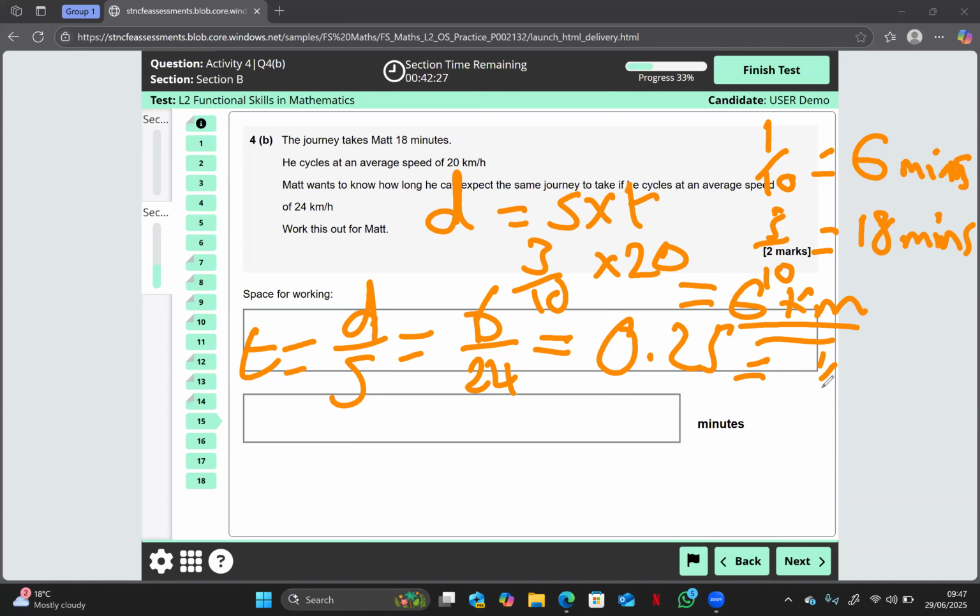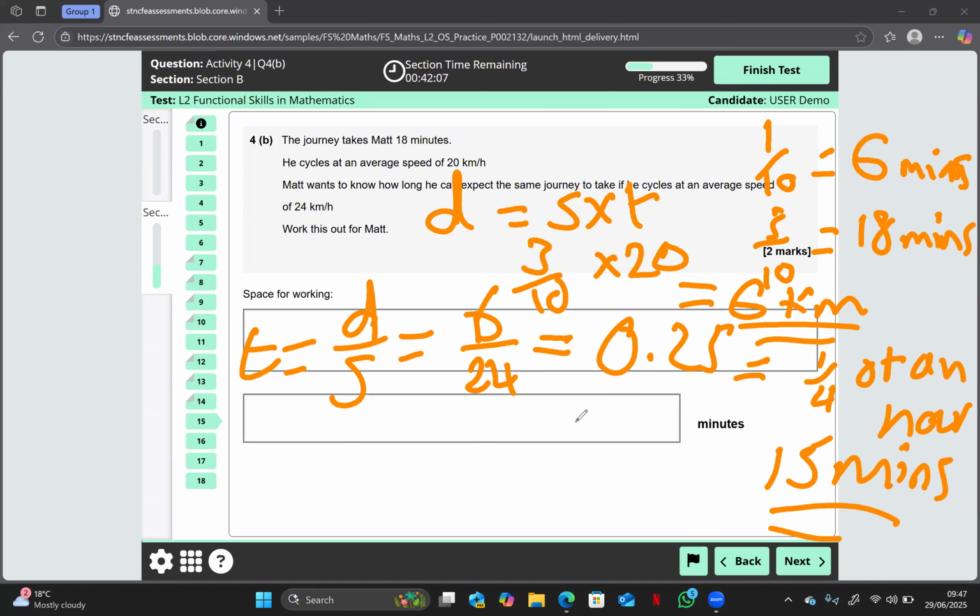It equals a quarter of an hour. This is also equal to 15 minutes.